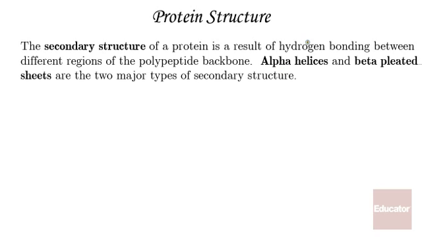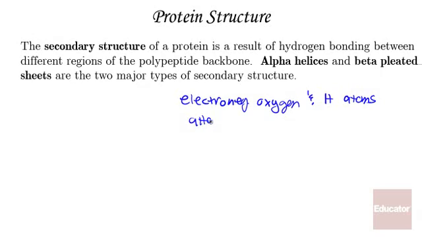So let's go back to how these are formed. There are certain regions on a polypeptide strand that are repeated, and particular repeated regions allow for hydrogen bondings. This bonding occurs between the electronegative oxygen atoms and the hydrogen atoms attached to the nitrogen.